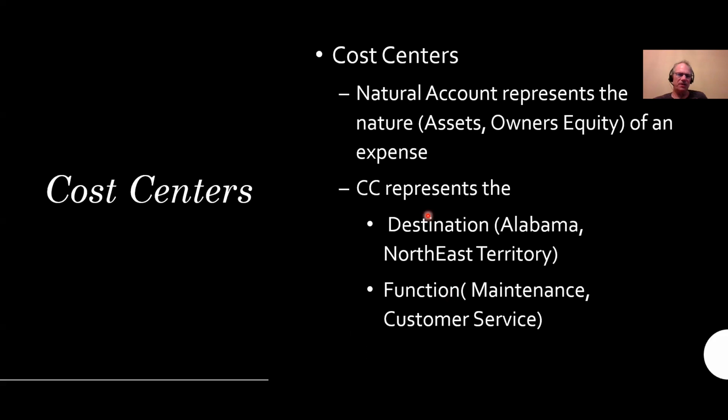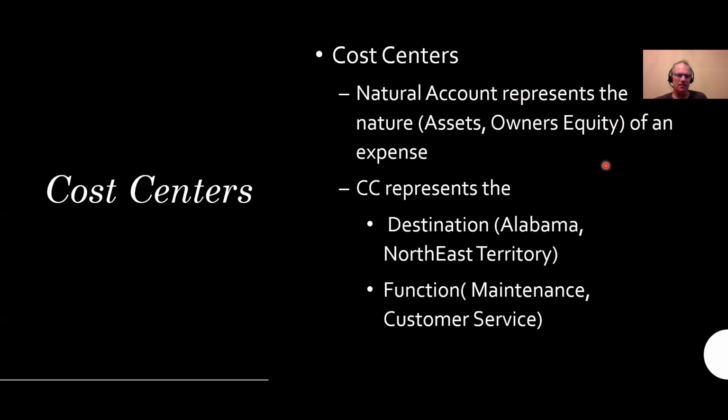I do want to concentrate on two particular segments. First one is cost center. The second one is departments. Regarding cost center, there's the national account, which represents assets, owner equity, and all the other balance sheet entities or an expense.